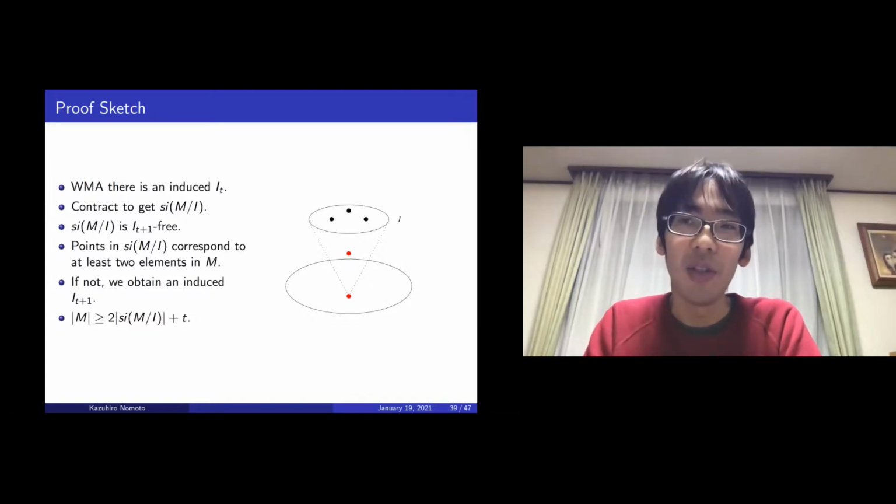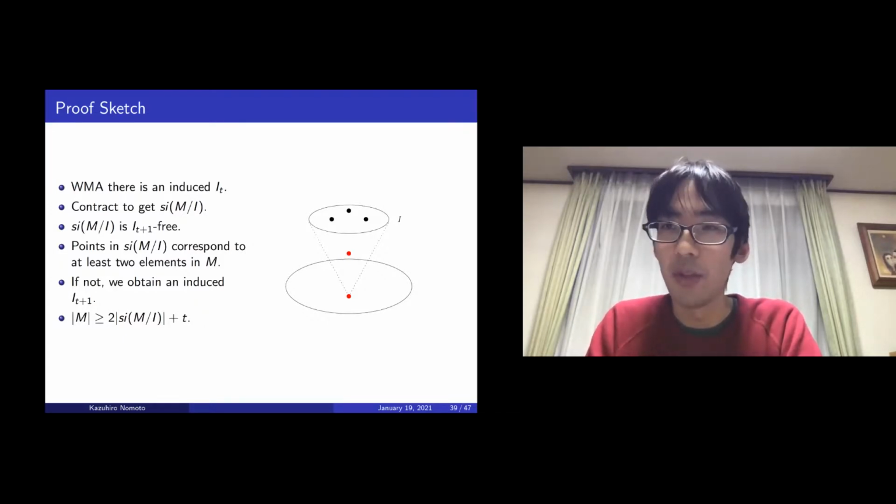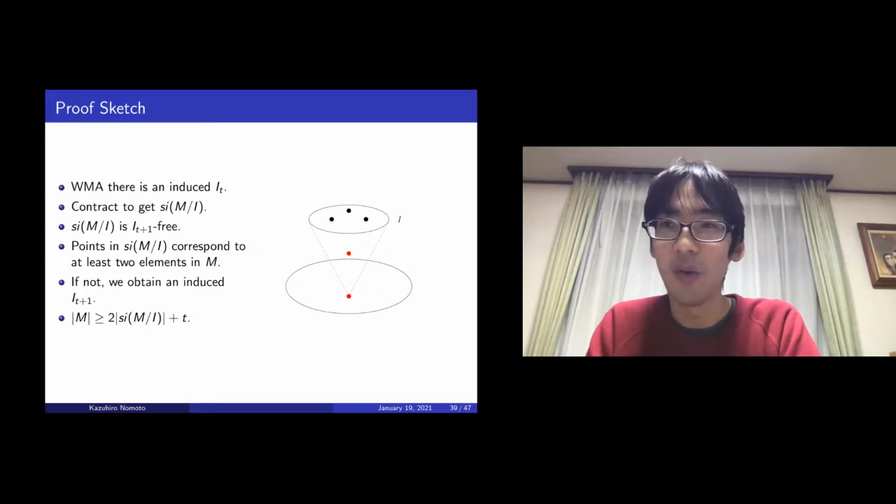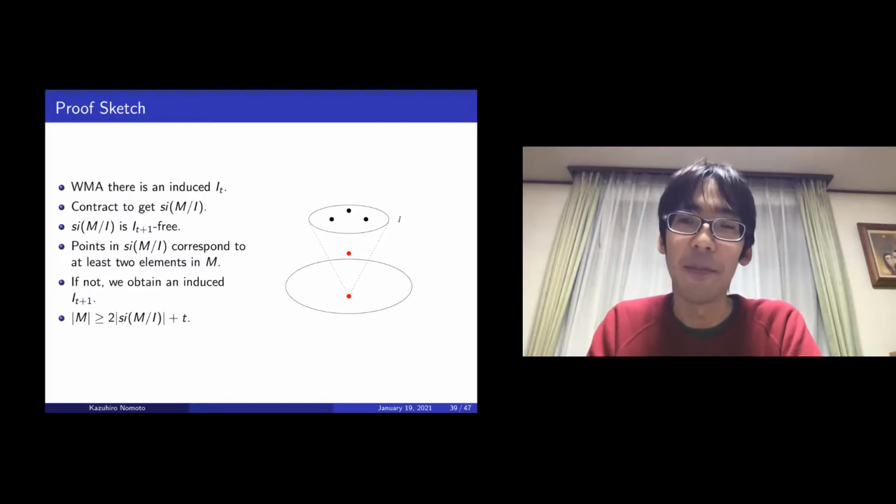So you can do induction on dimension now. And if you have this relationship, then you're done. What it doesn't give you is the tight examples, which are more difficult to determine, but it does give you the bound. So the simple idea is that you take a claw and you contract it and apply induction, and you get your answer.